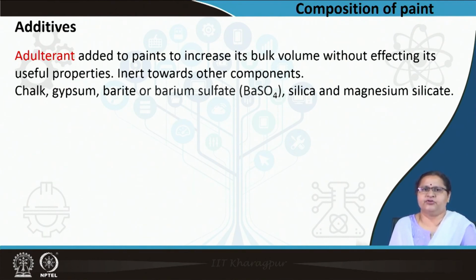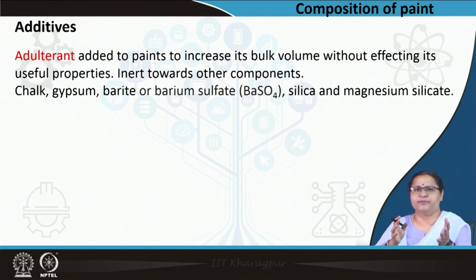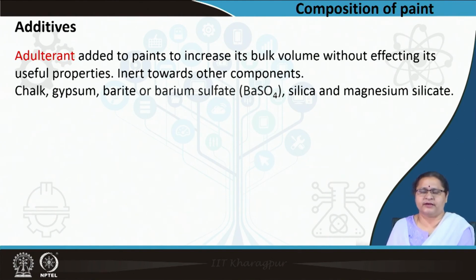So, these are added to paints to increase the bulk, that is increase the base, without affecting the useful properties of the paint. So, chalk, gypsum, barytes, which is barium sulfate, silica, magnesium silicate, these all can go as adulterants, which are additives.